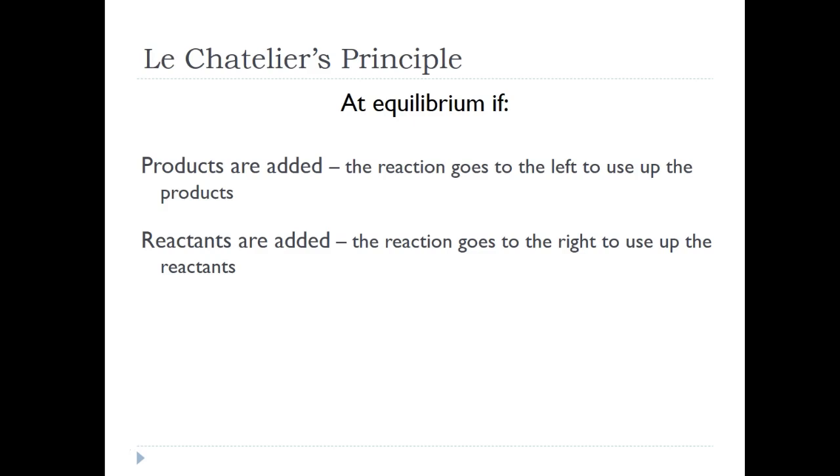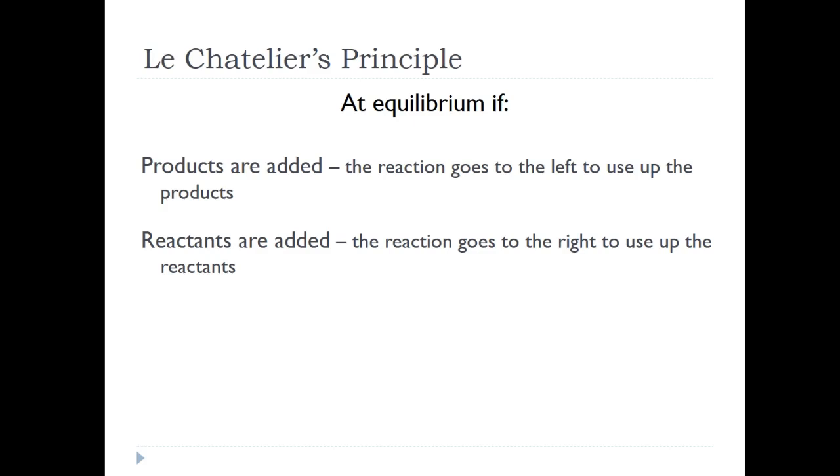So again, back to Le Chatelier's principle. That's talking about we've got a reaction, it's at equilibrium, and then I mess with it in some way. So one way we could mess with it is by adding something to it. So with a reaction at equilibrium, I pour more of something into it.